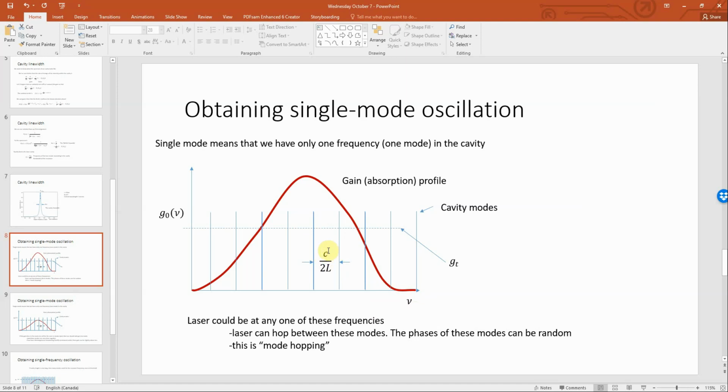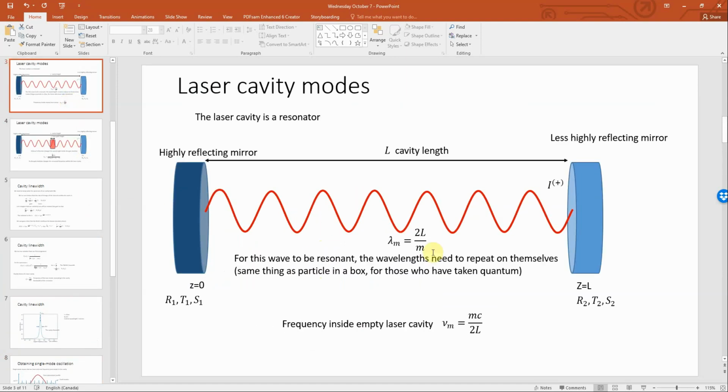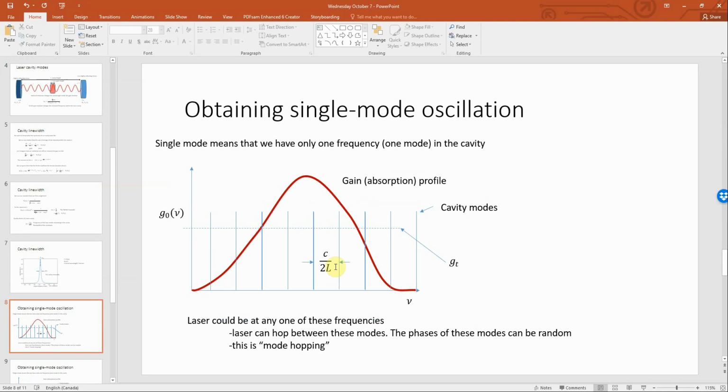Or you can think about c being the speed of light of the photons and 2L being the total cavity length, so this is a velocity over a distance. And so that is saying, in a bare cavity, how long it takes for a photon to go all the way from here to here and then back to here. So that's given by c over 2L. It's called the repetition rate of the laser, or the mode spacing of the laser.